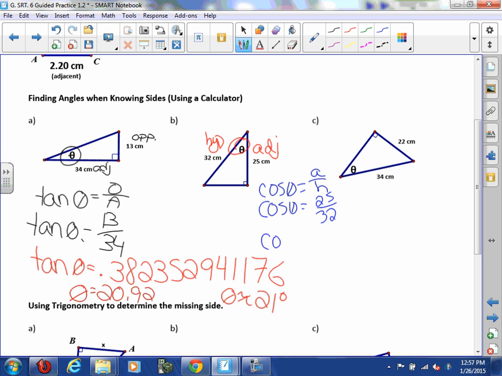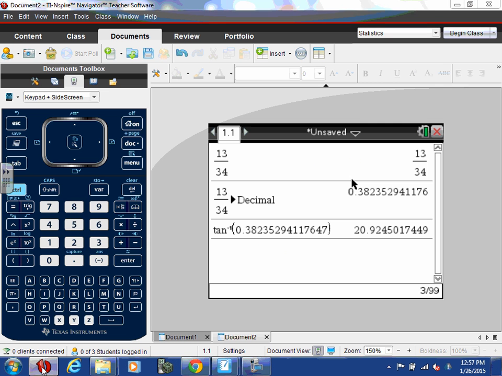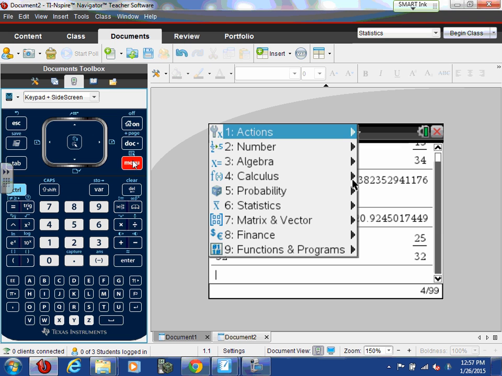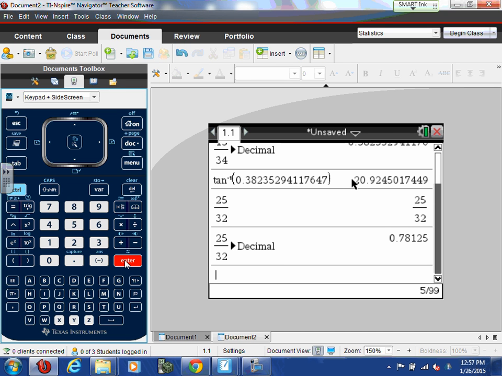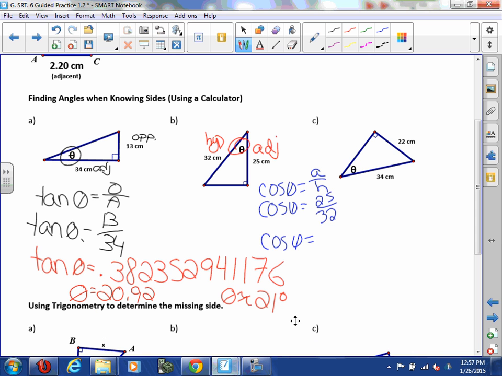So now we write cosine theta equals, we take our calculator, 25 divided by 32, change it to a decimal, 0.78125. Okay, so you're going to write that down, 0.78125.